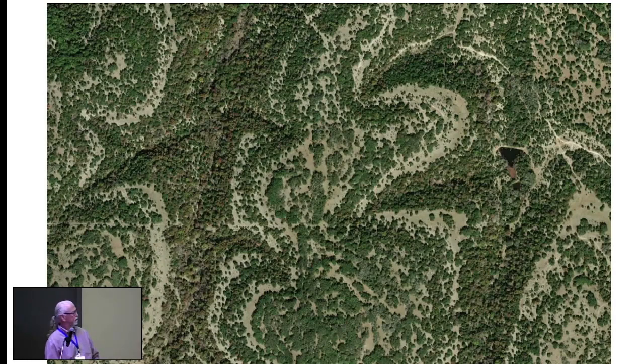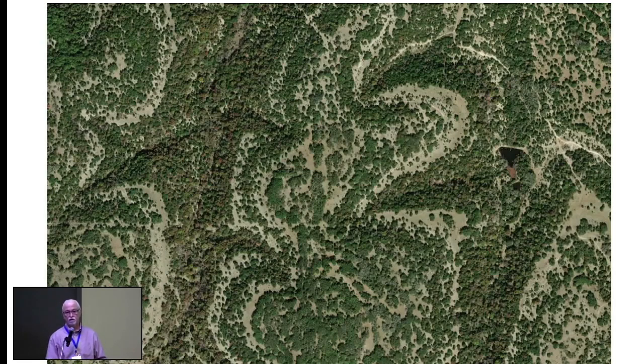You can see the canyons here are heavily wooded. This gentle upland right here has alternating bands of more open vegetation, grassland, and woodland. And that's because the underlying geology is wetter or drier.